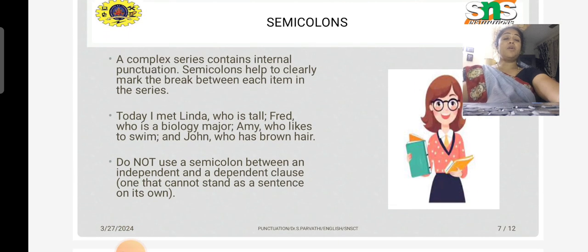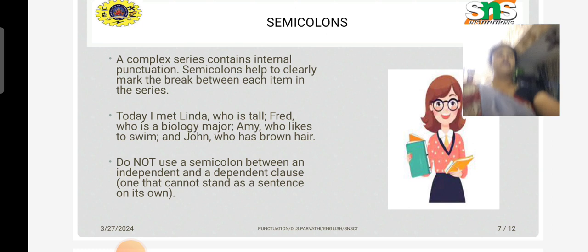And a complex series contains internal punctuation. Semicolons help to clarify the break between each item in the series. For example, today I met Linda, who's tall; Fred, who is a biology major; Amy, who likes to swim; and John, who has brown hair.